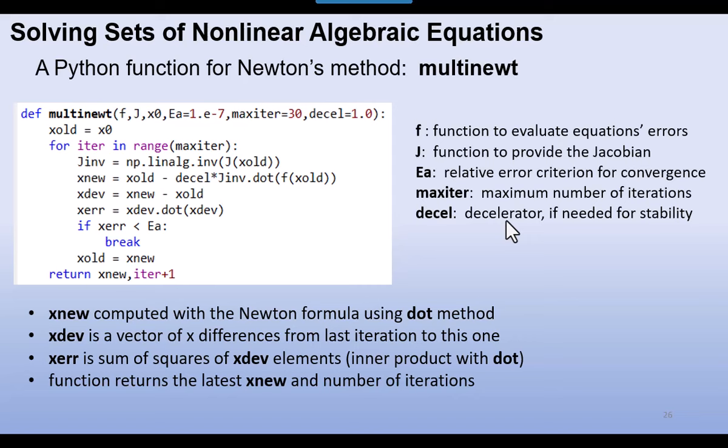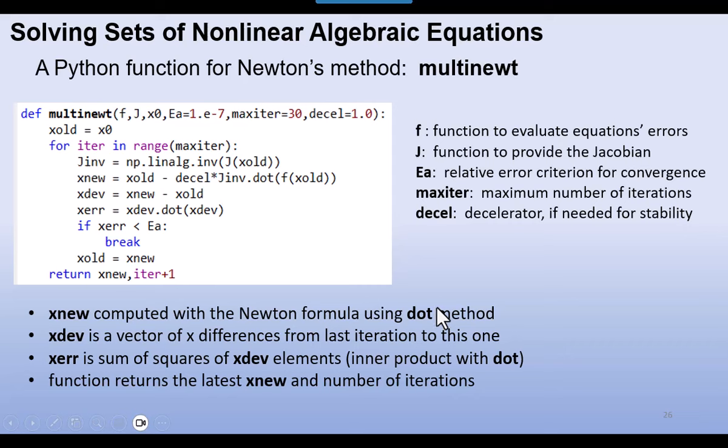So often what you do is you put in a decelerator that's less than 1, like 0.5 or 0.2 or 0.1, and that allows it to make not as abrupt a change in x old to get to x new, and it stabilizes the solution. Let's say decelerator less than 1, greater than 0 if needed for stability.